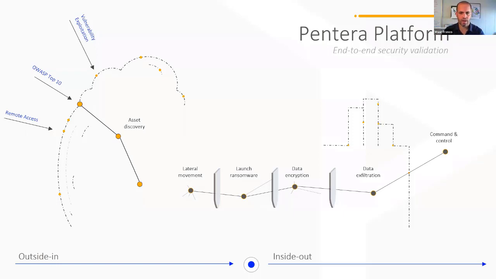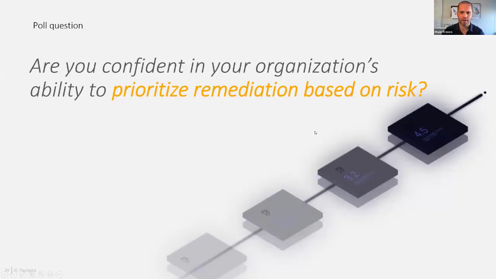Before I dive into the demo, which I'm sure you want to see, I want to ask you a final question. I talked a lot about prioritization and remediation based on risk, and if you ask me, that's the end goal.